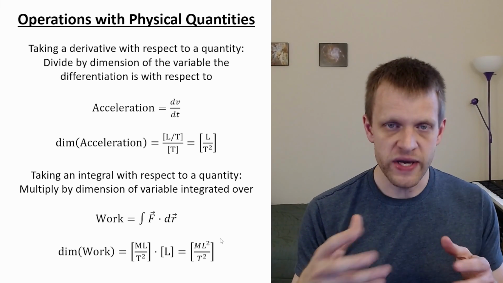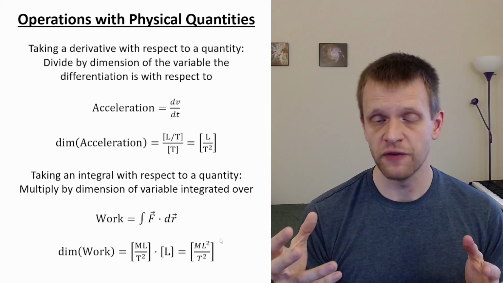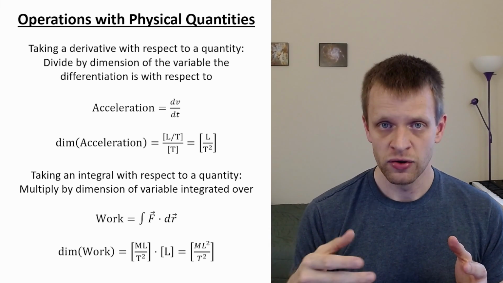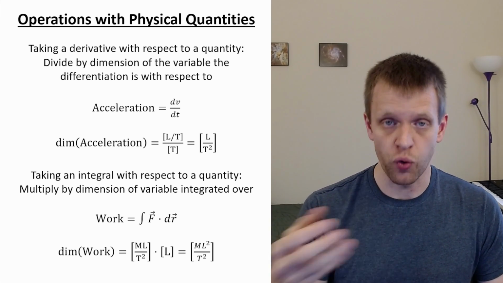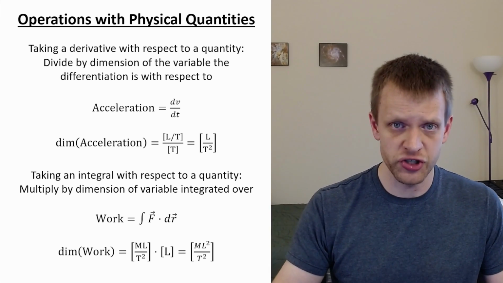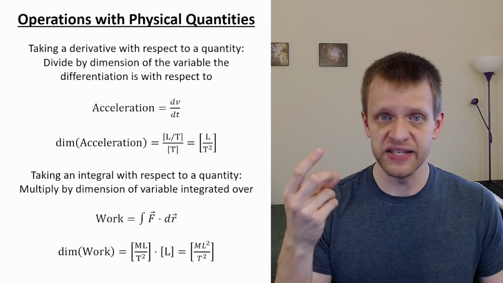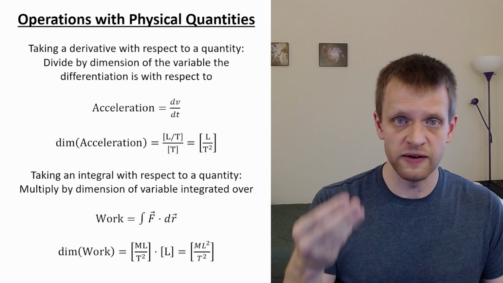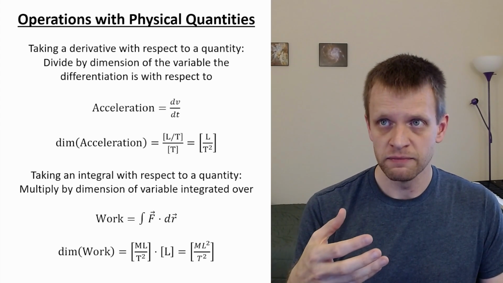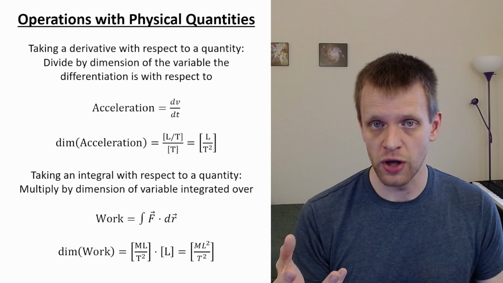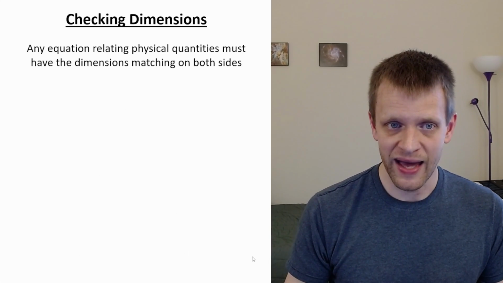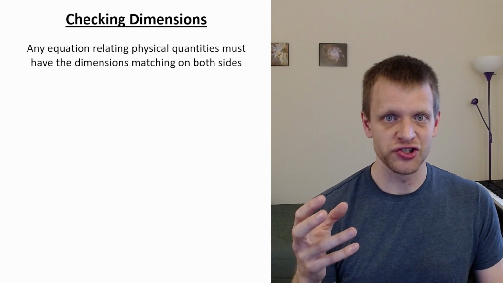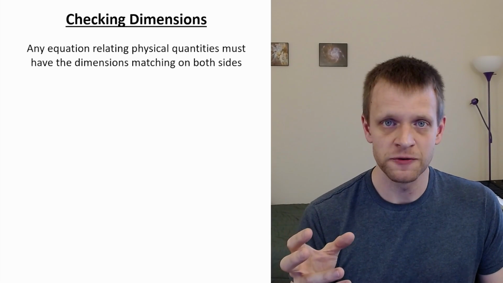So again, we can perform these different kinds of operations and look at what are the dimensions and the units of the quantities that would come out on the other side when we multiply, divide, take a derivative, take an integral, when we perform mathematical operations on some of these different kinds of quantities. And this actually gives us some really helpful tools.